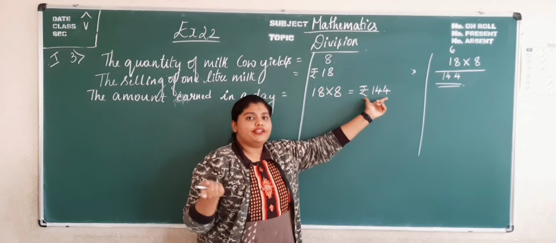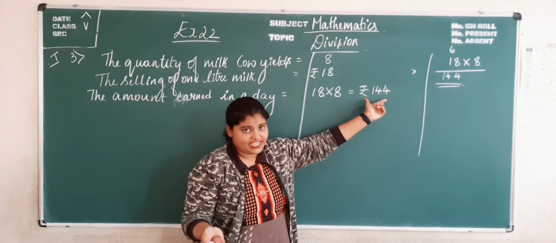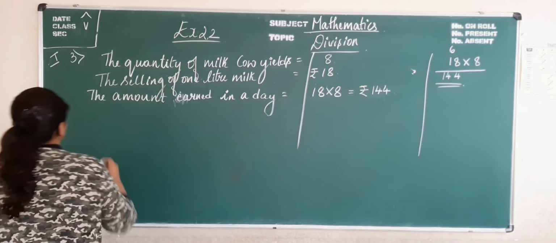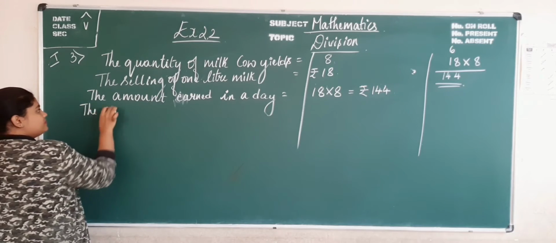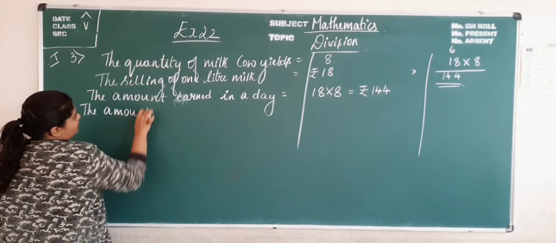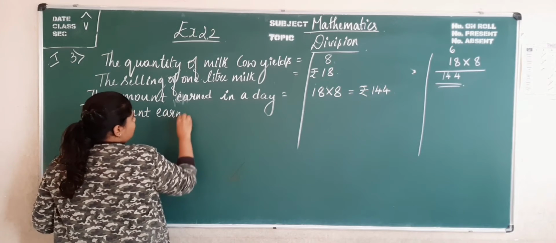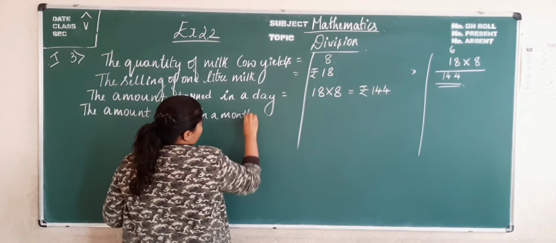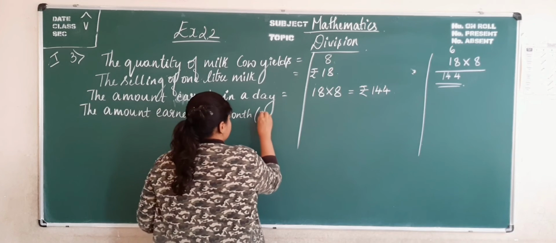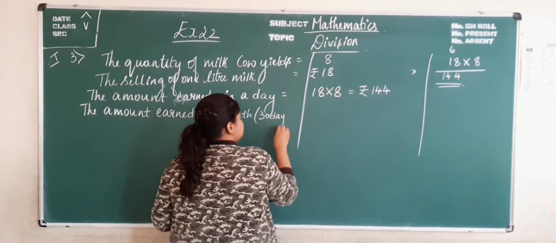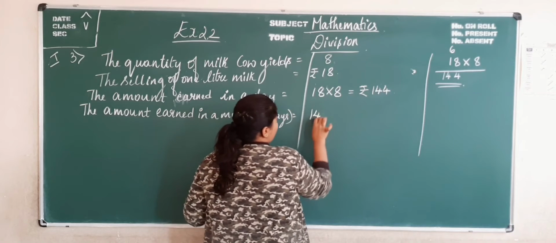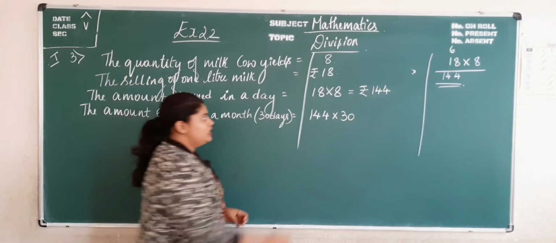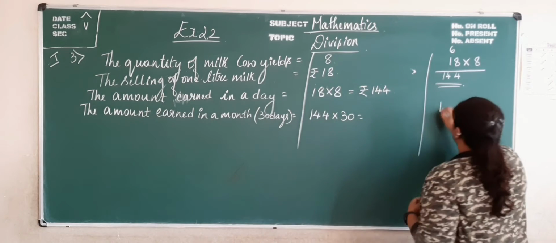In order to find out the amount earned in 30 days, 144 into 30. Now we should calculate.